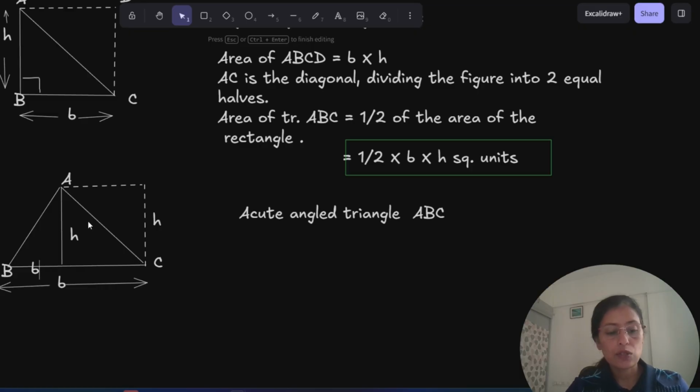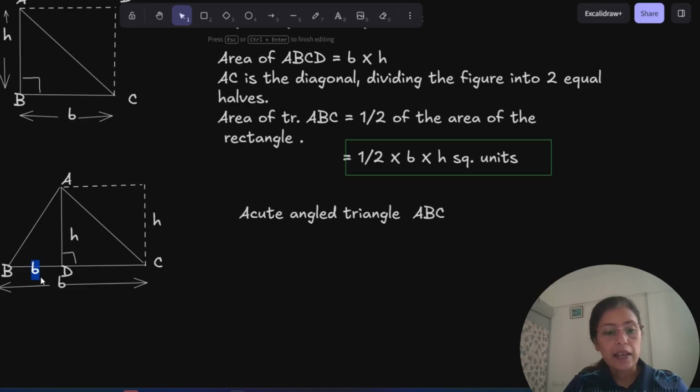So I'll just assume that this part, for example, where this perpendicular line is meeting the base BC, I'll call it D. So AD is perpendicular to BC. Okay.